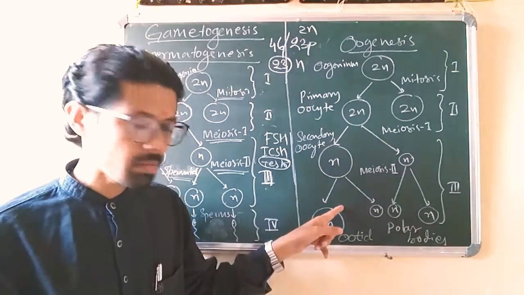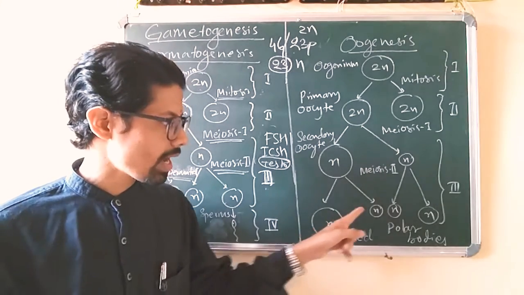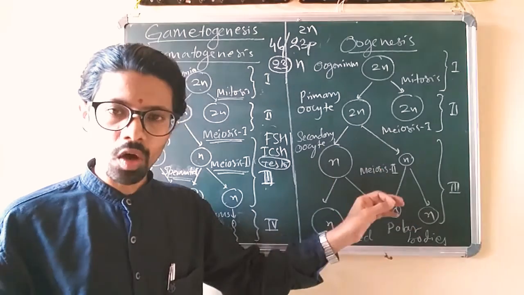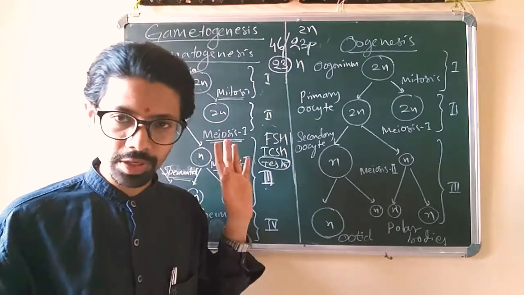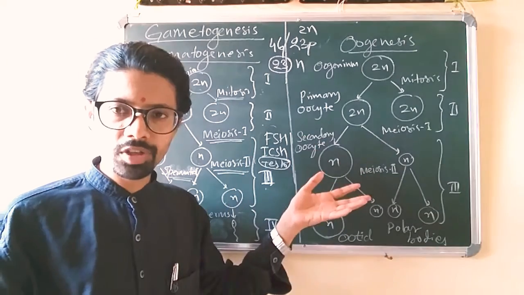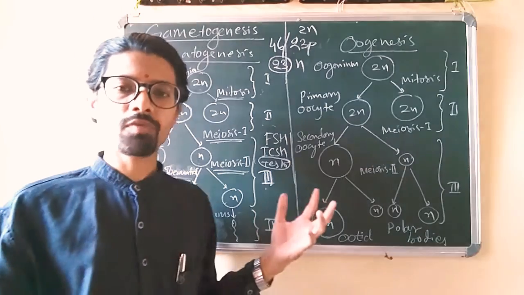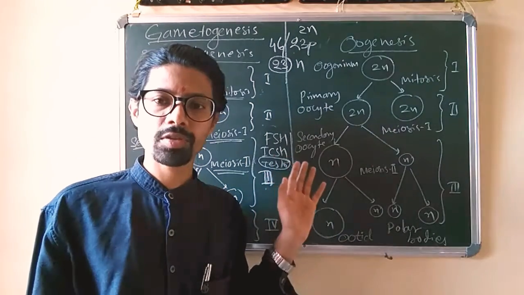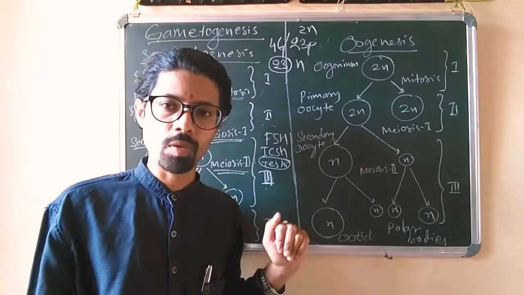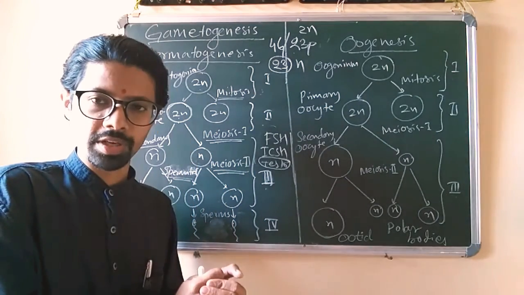At the end of second meiotic division, one large ootid or ovum is produced and three small non-functional polar bodies are produced. Okay, so this type of division takes place inside the follicles. So inside the follicles in ovaries, the process of oogenesis takes place. In seminiferous tubules, the process of spermatogenesis takes place.